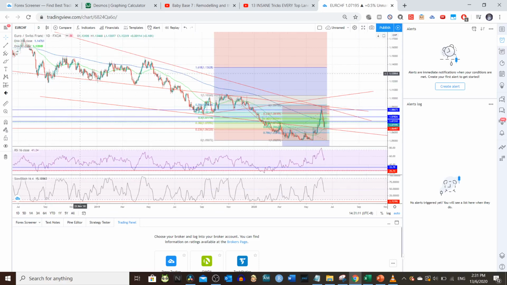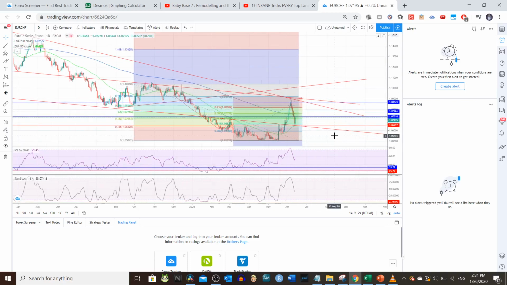As you can see, I just connected the lowest points together, and this channel hit several points pretty decently, and it even hit this point as well. So it means that it has some impact on the price.